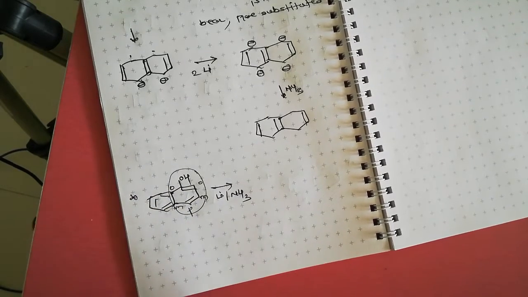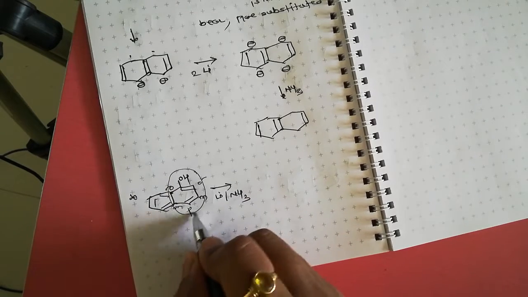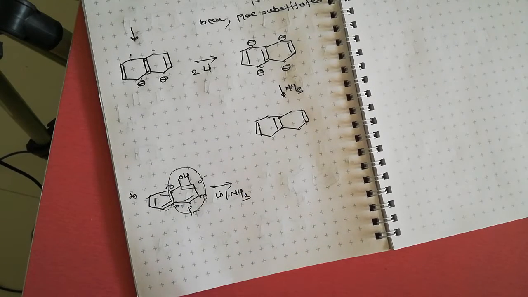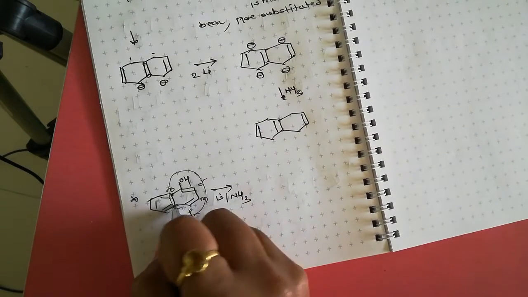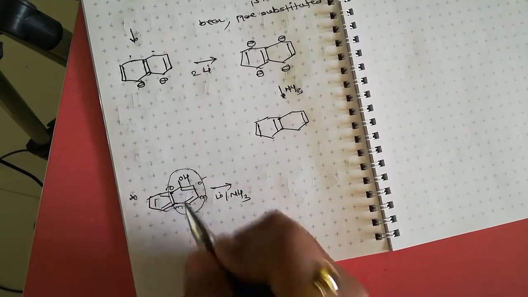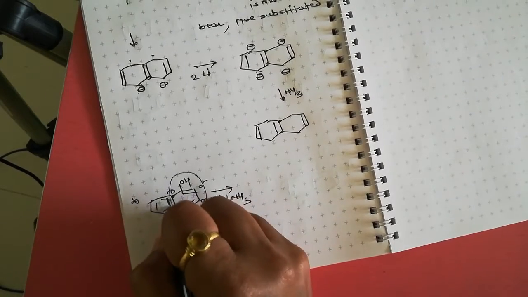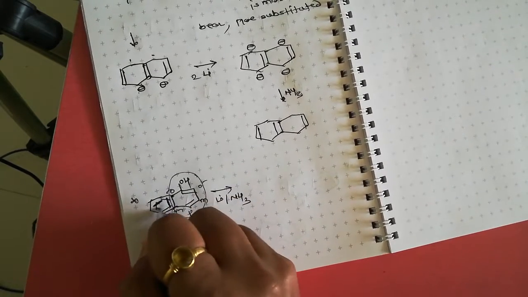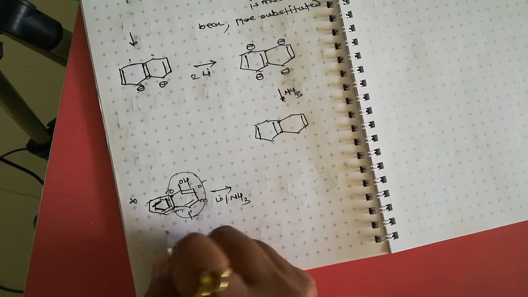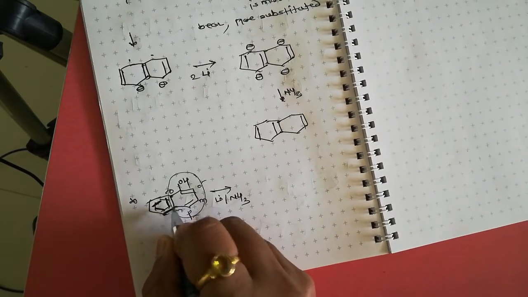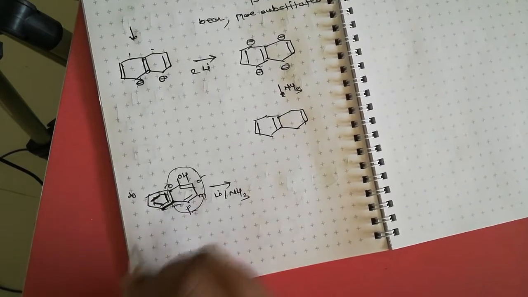The meta position is electron deficient, ortho and para positions are electron rich. Therefore electron transfer occurs at the meta carbon, to which this carbon is attached.